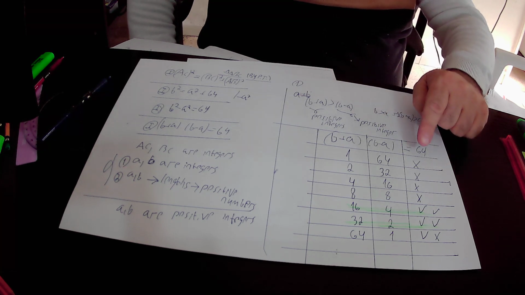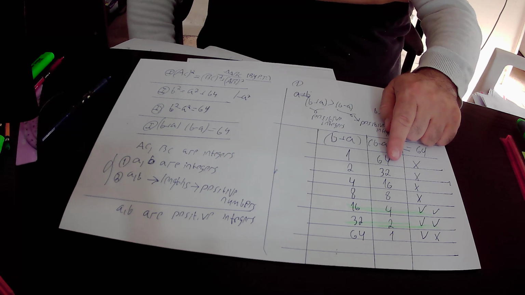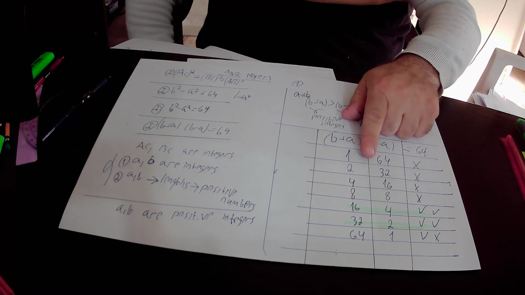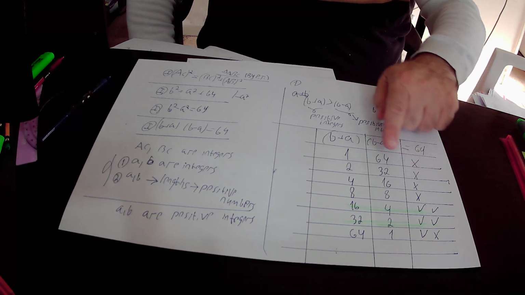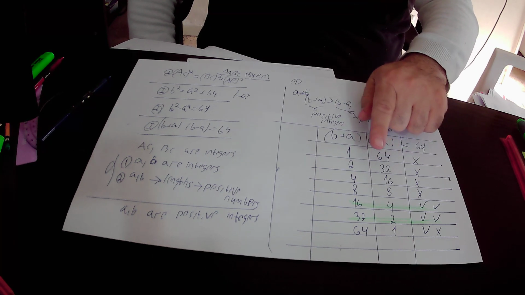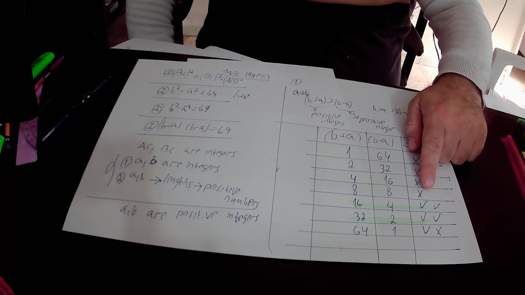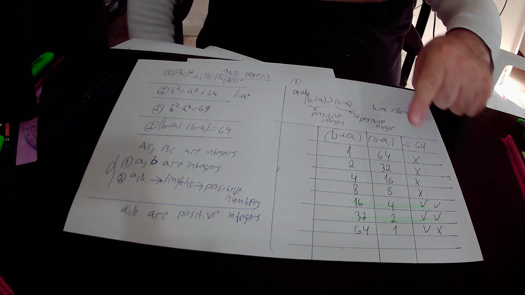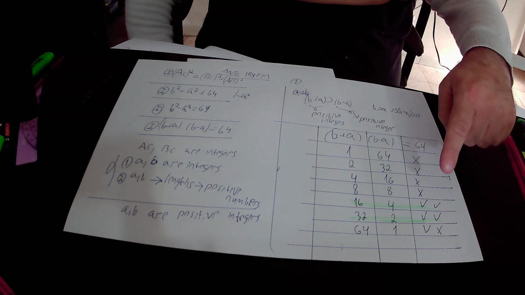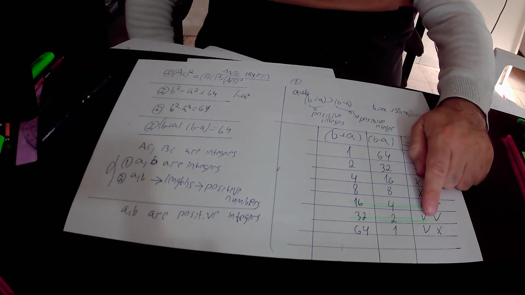So this possibility is incorrect. 2 is smaller than 32, so it's not good. 4 is smaller than 16, it is not good. 8 is not greater than 8, so it is not good. 16 is greater than 4, that is a good option. And 32 is greater than 2, that is a good option. And 64 is also greater than 1, therefore it is a good possibility.